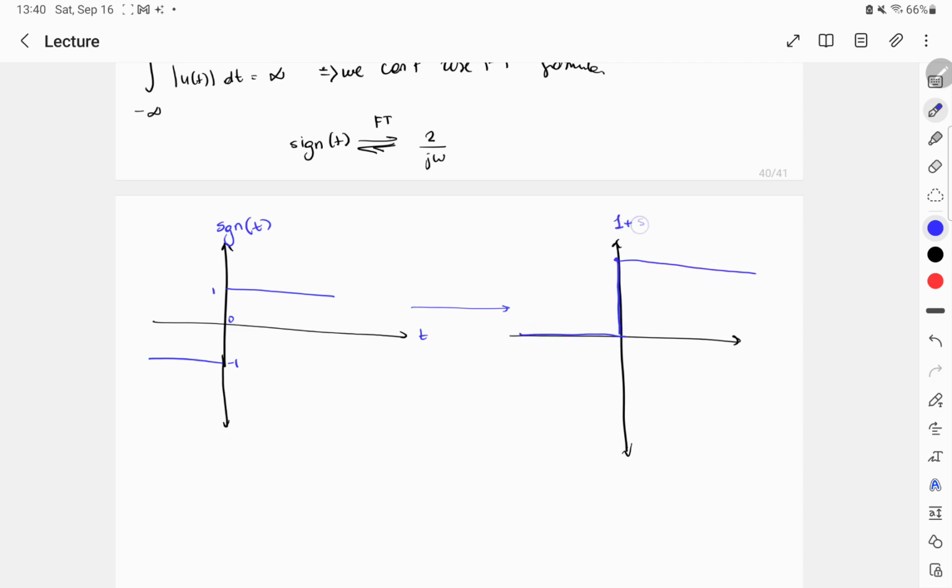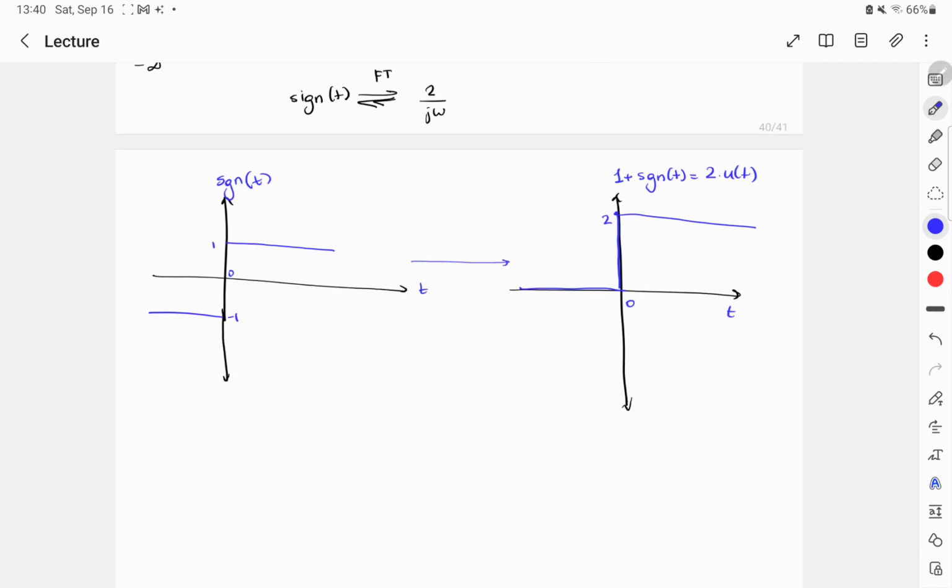This is 1 plus the signum function, which is twice the step function. Let me write 2, and then we have 0, and then we have t.